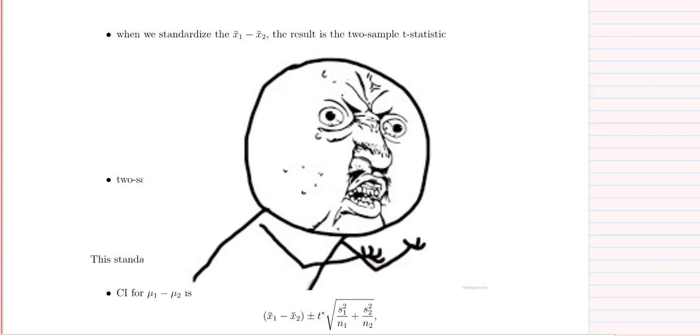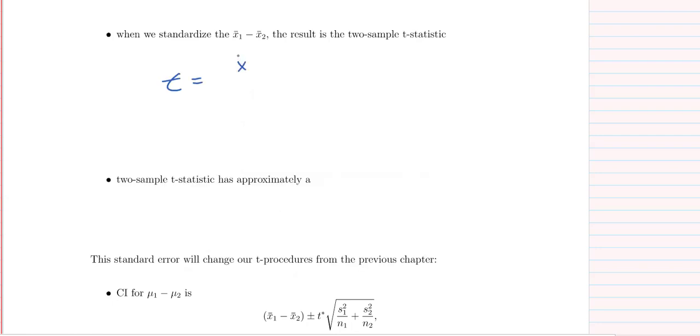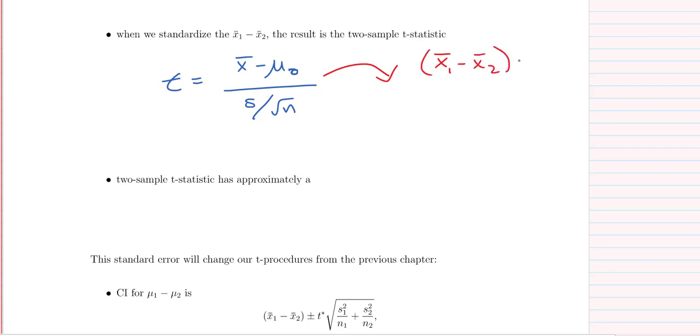T is equal to, and so here is what it was before. And so we're translating this into what we have now. X bar is x bar 1 minus x bar 2. This is our sample difference.